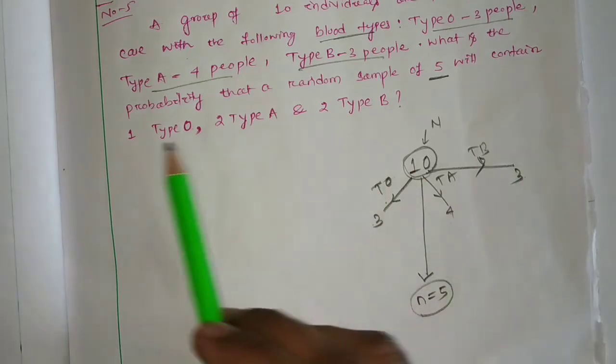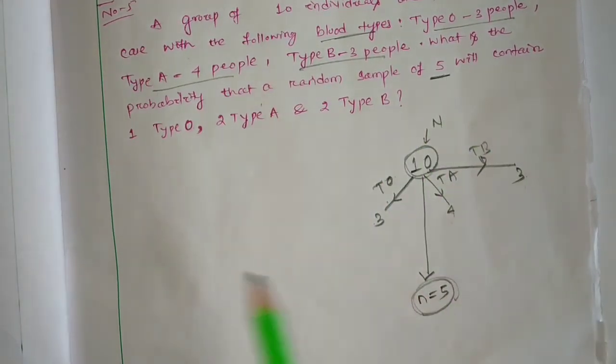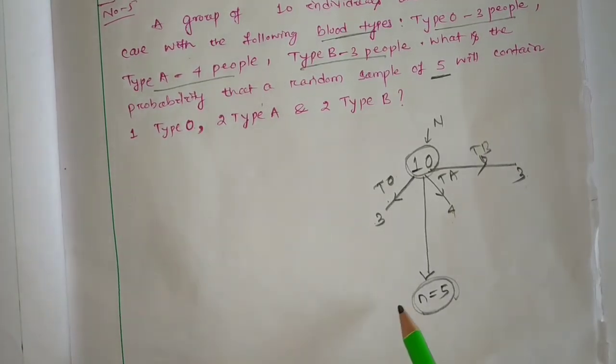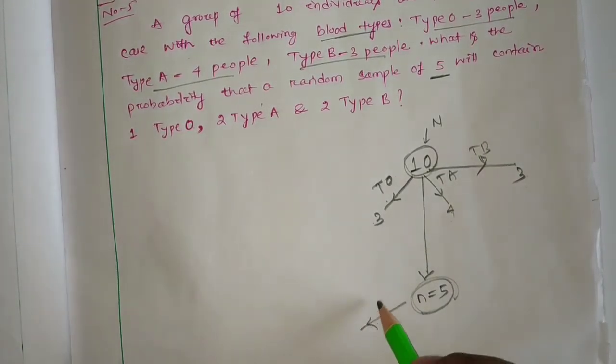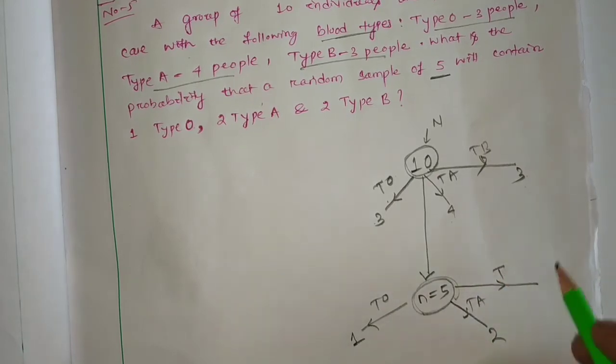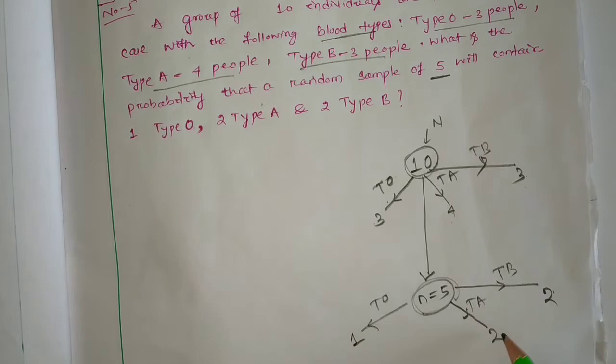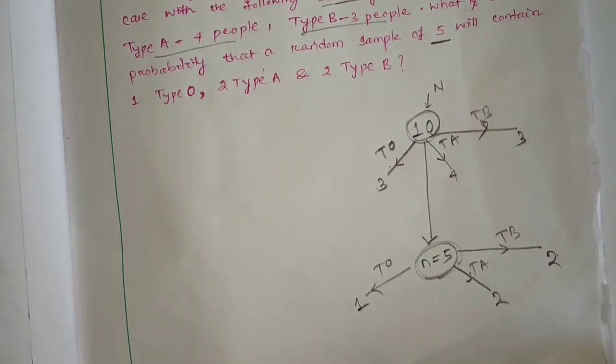We have to find the probability that from those 5 persons, type O will be 1, type A will be 2, and type B will be 2, which adds up to 5. So what will be the probability?